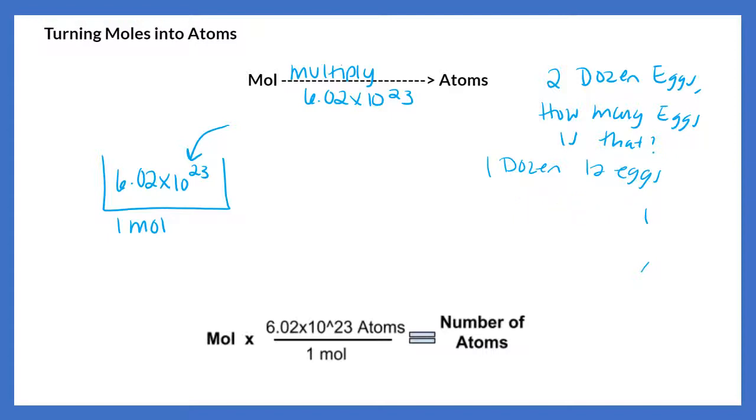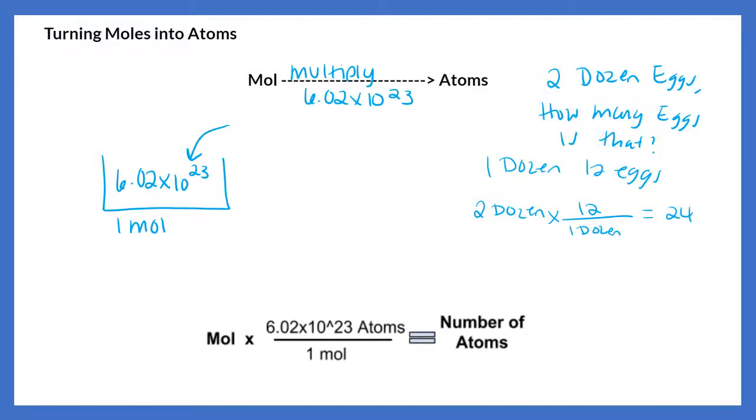Well, we can make this look even better. I would take my 2 dozen times, and in 1 dozen I have 12 eggs, so 2 times 12 is 24.